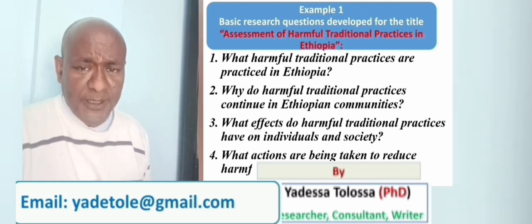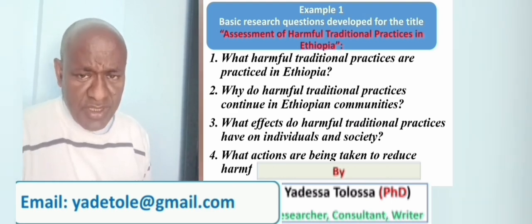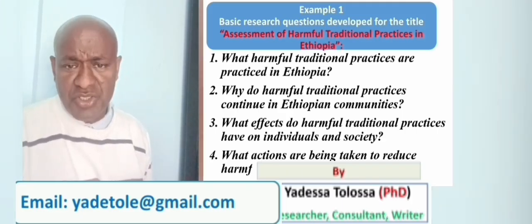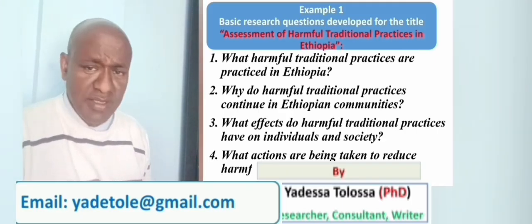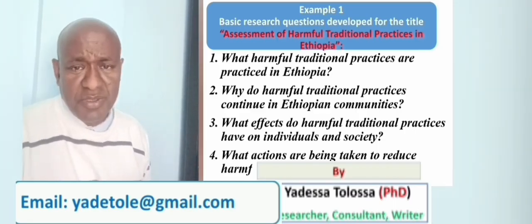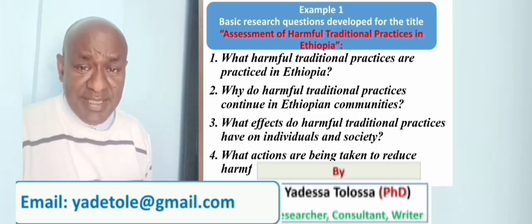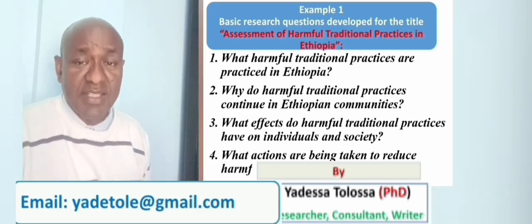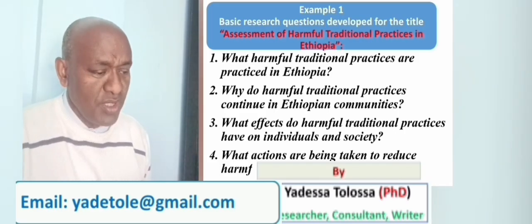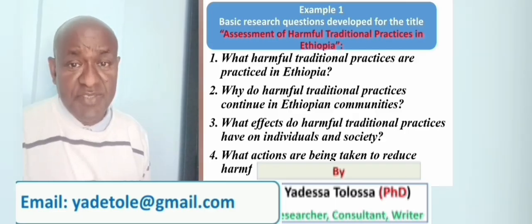So which ones are harmful to children? Which are practiced on females and also old people and the like? And so it's better to assess the effects and impacts that are brought on the society and individuals.